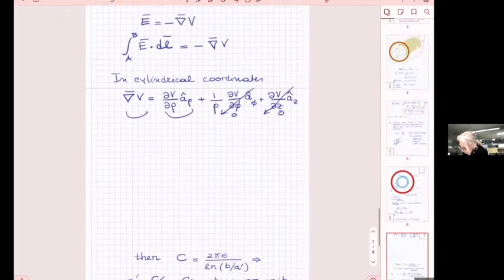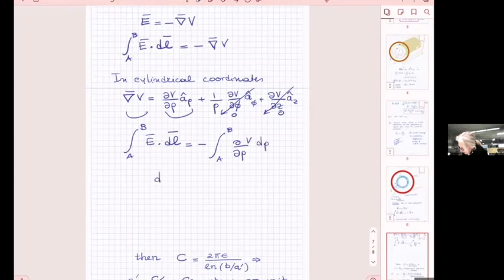And therefore, from A to B, E dot dl gives minus the integral from A to B of the partial of V with respect to rho d rho, because dl is nothing else but a rho d rho. Okay?